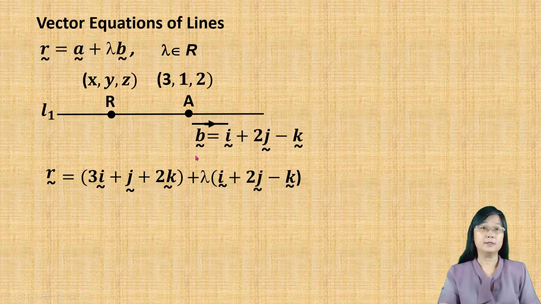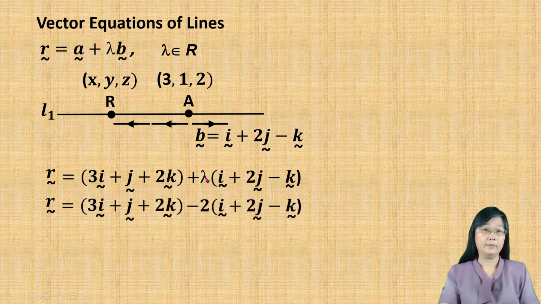To do this, I can use the vector b as the unit vector, where I find that the distance from A to r is equivalent to 2 units of b, but the direction is opposite compared with the vector b. So therefore here lambda is equal to negative 2. 2 because 2 units of b. Negative because the direction is opposite.